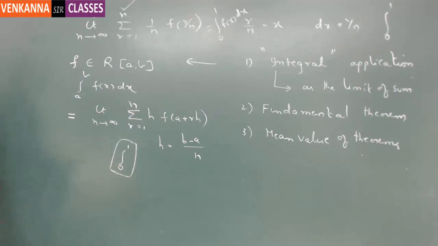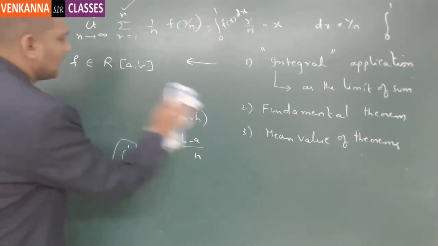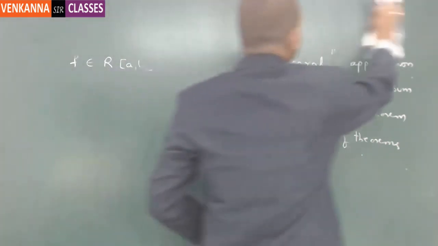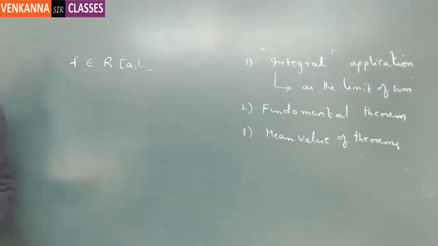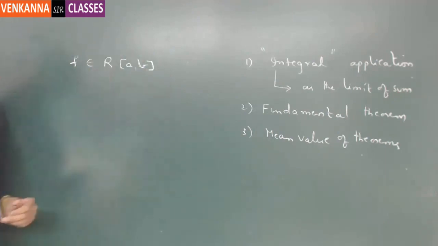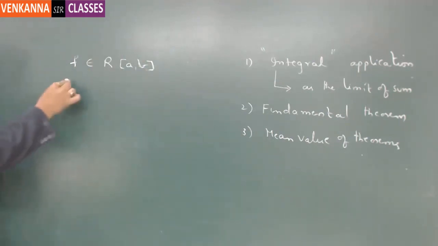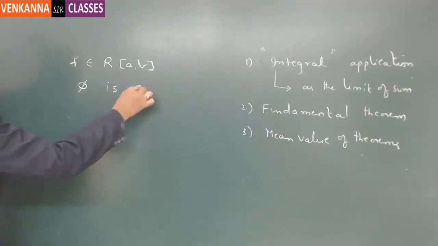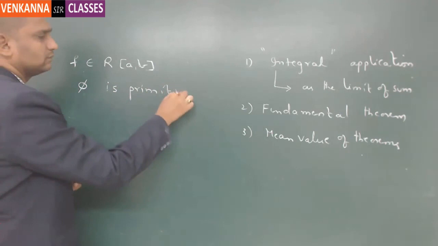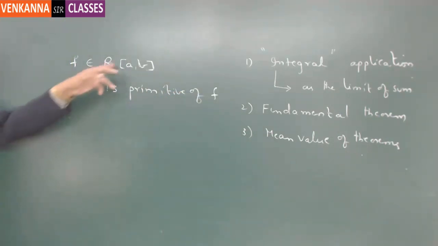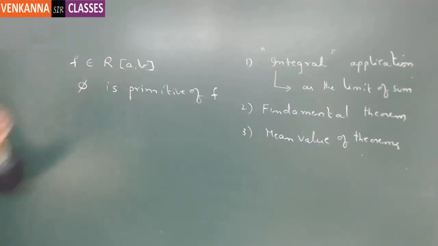The second one is the fundamental theorem, and the statement is given as: you take a Riemann integrable function on closed [a, b], and a function phi is primitive of f. In other words, on closed interval [a, b], phi is primitive of f.